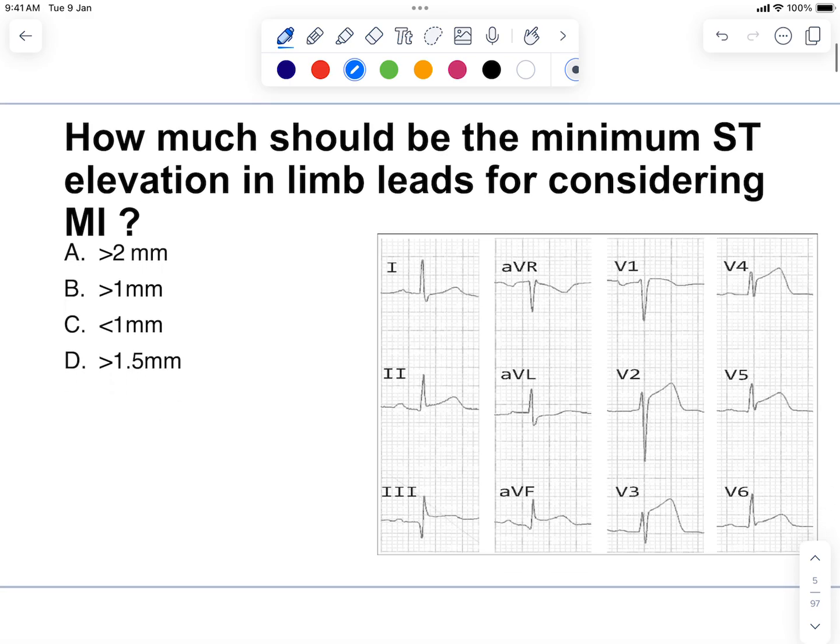So, how much should be the minimum ST segment elevation in limb leads for considering myocardial infarction? First option more than 2 mm, second option more than 1 mm, third less than 1 mm, fourth option more than 1.5 mm.